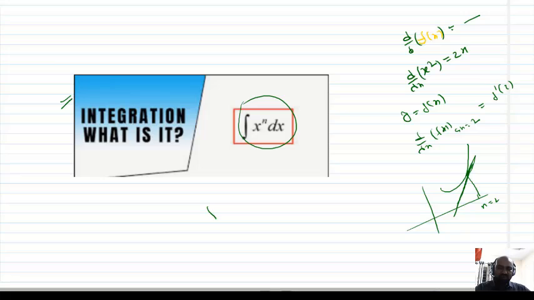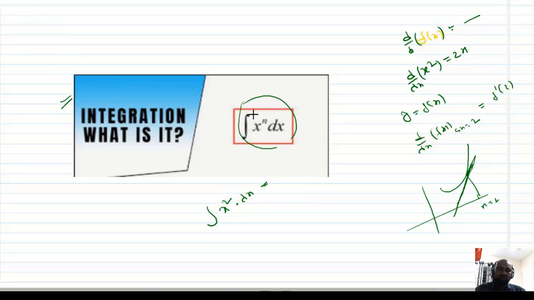For example, integral x square dx, what does it mean? First of all, we should know the meaning of this notation. Integral of x square dx. D by dx of x square, you know the meaning. Now what is the meaning of integral of x square dx? In modern days, integration is said to be a differentiation. Students listen.